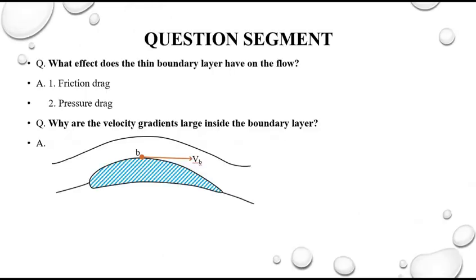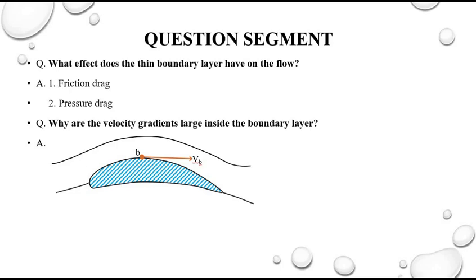Before we dive into the actual topic, let us have a question segment which covers part of the topic. The first question is: what effect does the thin boundary layer have on the flow?